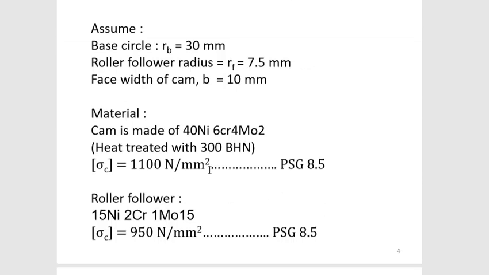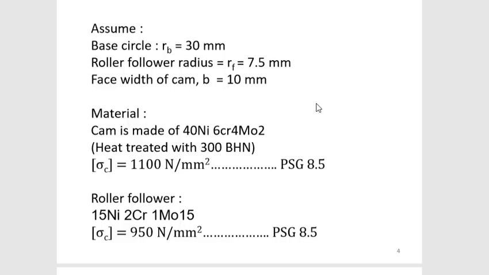So to solve this particular problem, we need to assume some data, and we'll assume the base circle, which is represented by R suffix B, 30 mm, the roller follower radius RF is equal to 7.5 mm, face width of cam B is equal to 10 mm.